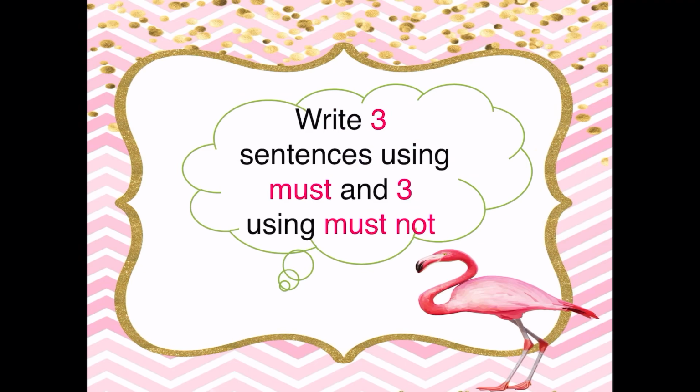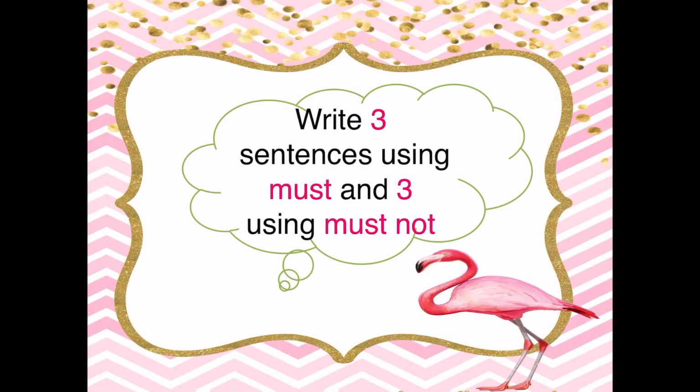Number 1, I must brush my teeth every day. 2, I must pray 5 times a day. 3, I must fast in Ramadan. 3 sentences using mustn't. I mustn't play in the street.